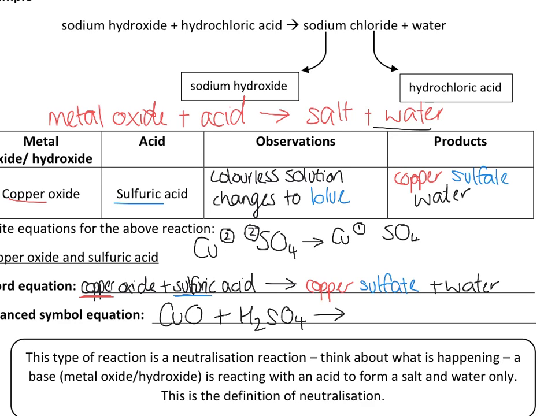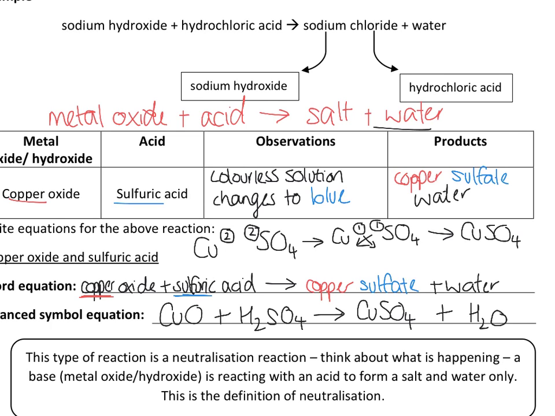So we can cancel down to Cu1 SO4 1. So when we swap and drop that, we're going to end up ignoring our 1s, and so the formula for copper sulfate is just CuSO4. So CuSO4 plus water, which hopefully you know is H2O.